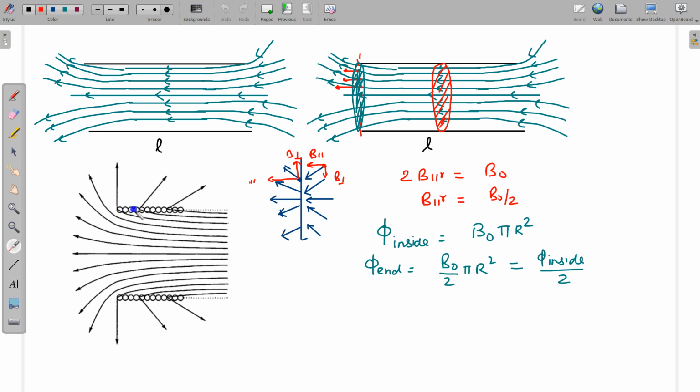You can also see from symmetry here that magnetic field lines are something like this. Here the direction is something like this, here the direction is something like this, and after this end point the direction is something like this. So there should be a point at which the direction should be exactly like this.